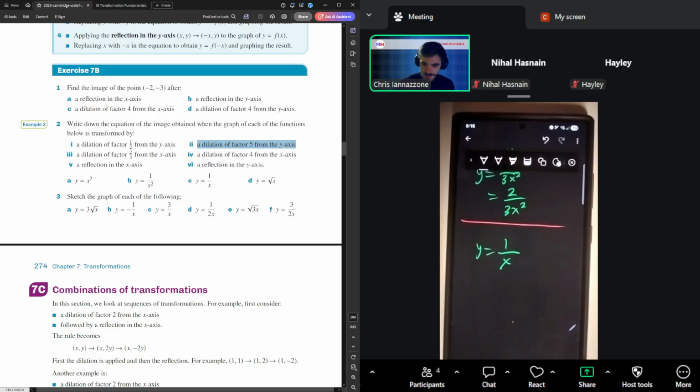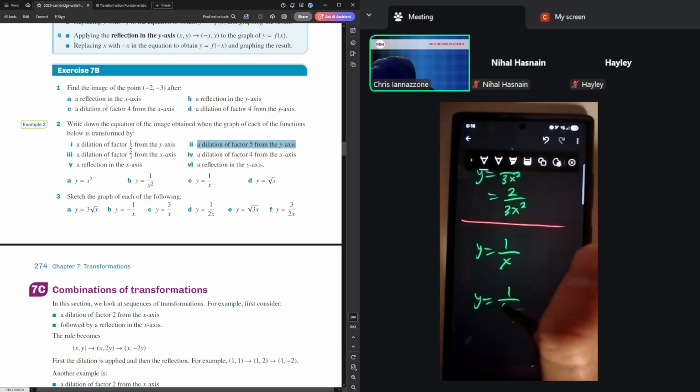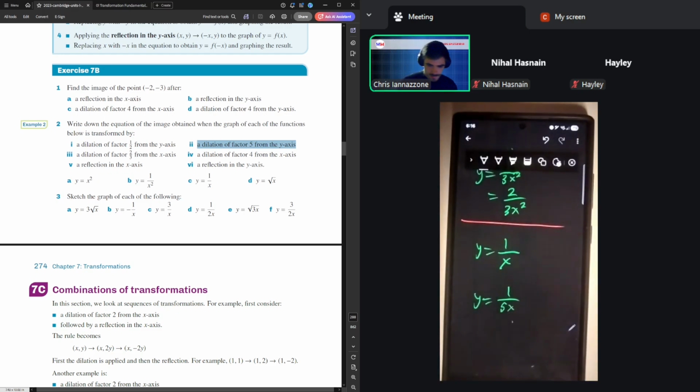One over 5x, so like y equals 1 over 5x like that. Yeah? Okay. So let's have a look. Dilate factor of 5 from the y.